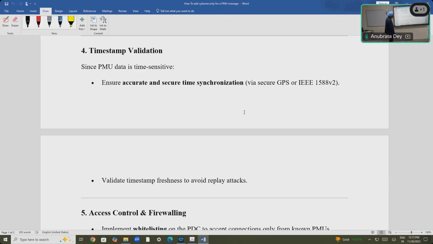So you can validate timestamp freshness to avoid the replay attack at least. Unless, as you were discussing, the attacker is very sophisticated and is able to even change the timestamp. But at least if it is a replay attack, hopefully they're dumb enough that they are replaying this old message again and again, and the timestamp is also old. So you can then verify that the timestamp hasn't changed, right?